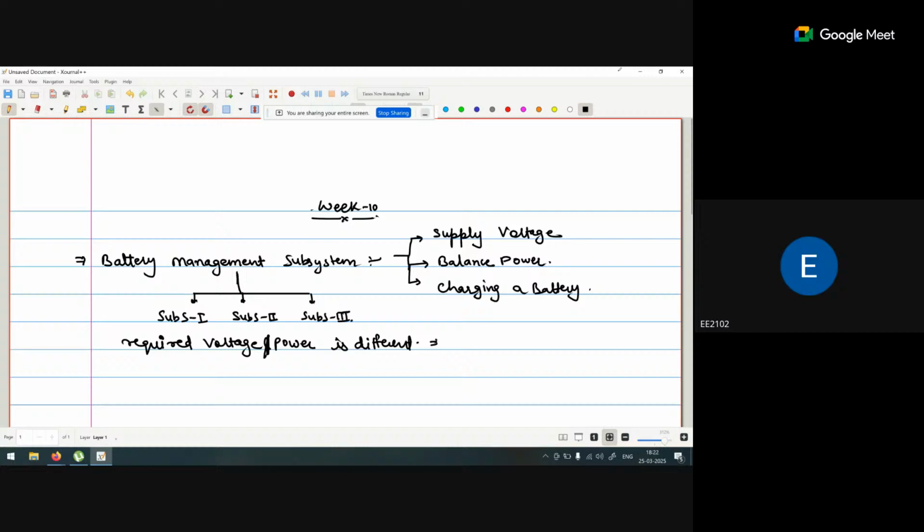So to manage this different power, or balanced power, is the main work.